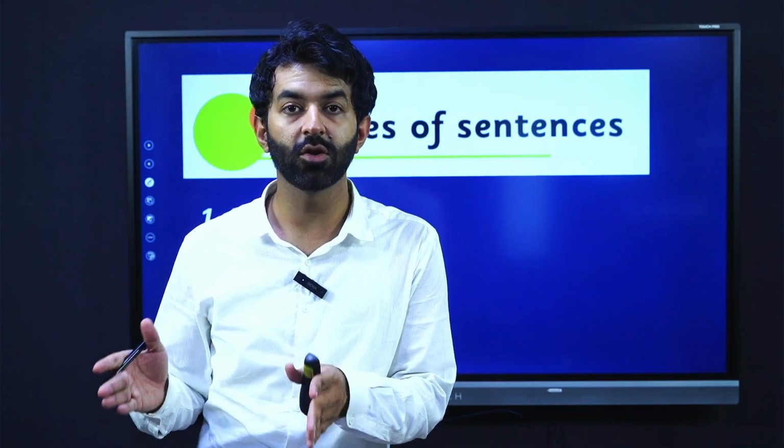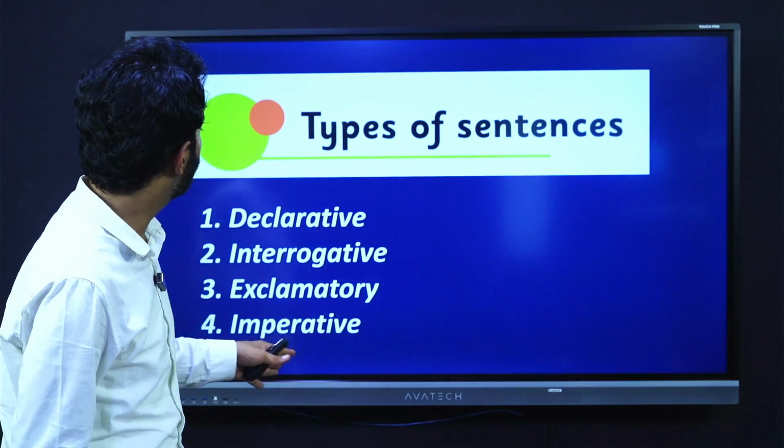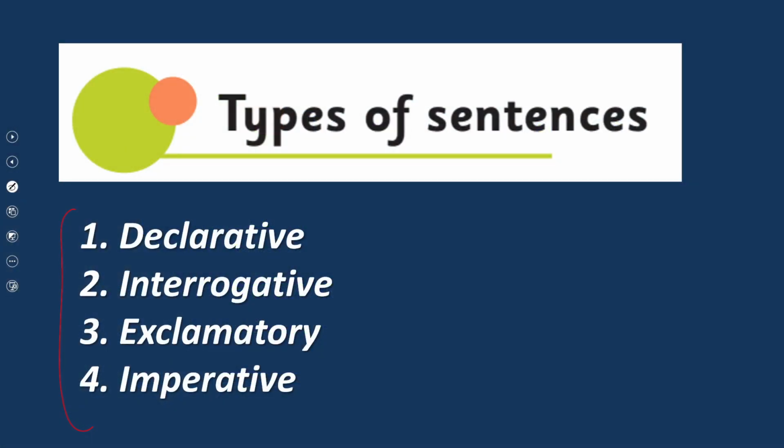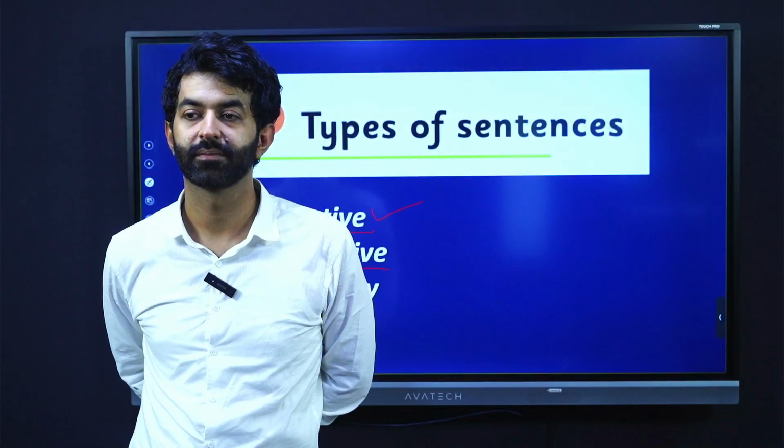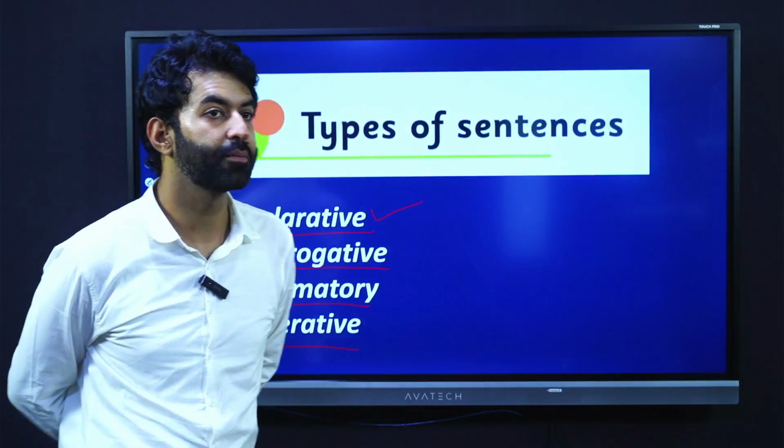That is also, वो भी एक kind of sentences हैं, but we are talking about these 4 important types of sentences: declarative, interrogative, exclamatory, and imperative. Now, जी कौन बताएगा इनमें से कौन से sentence familiar है? What type of sentence is familiar to you?